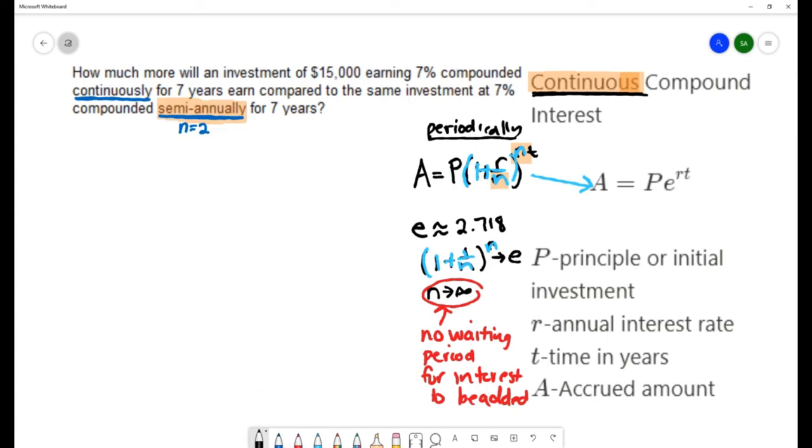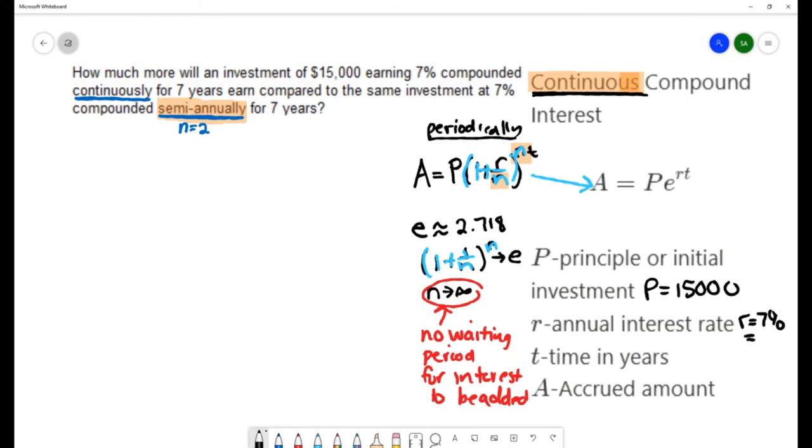So let's identify the different values in this formula. We have an investment of $15,000. That is our principal. And we're going to earn a 7% interest rate on both of these options. So our annual interest rate, r, will be 7%.